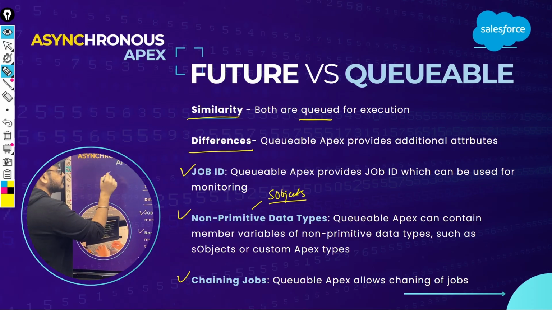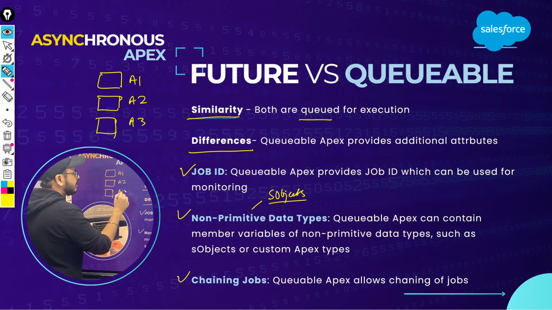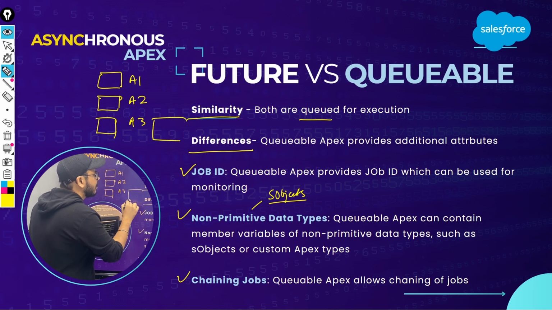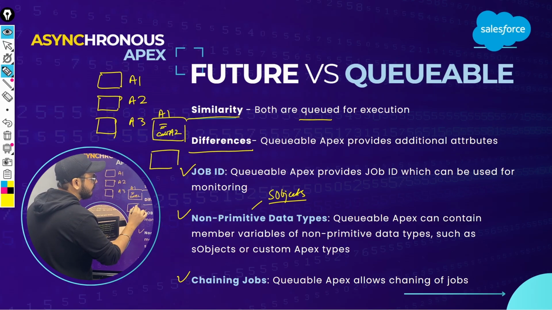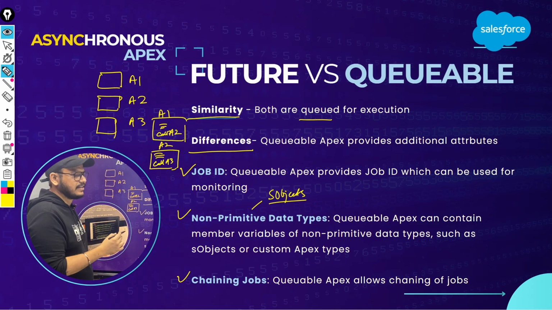So let's say I have three asynchronous jobs to be executed, A1, A2, A3. I can have my code for A1, and from there I will call A2, and then in the code for A2, I'll call A3. That way it is going to be a chaining of jobs.